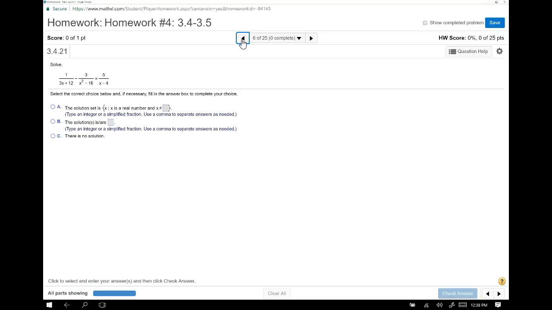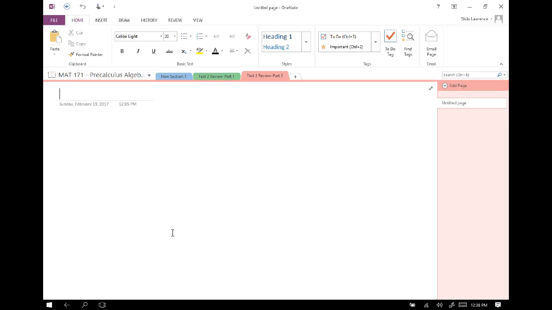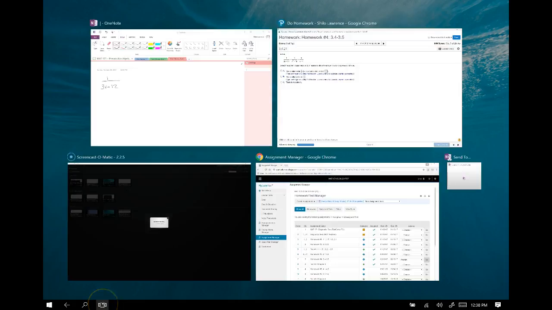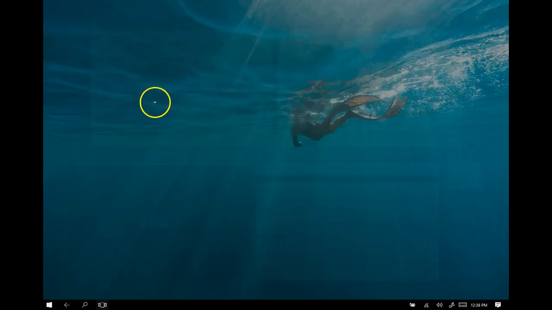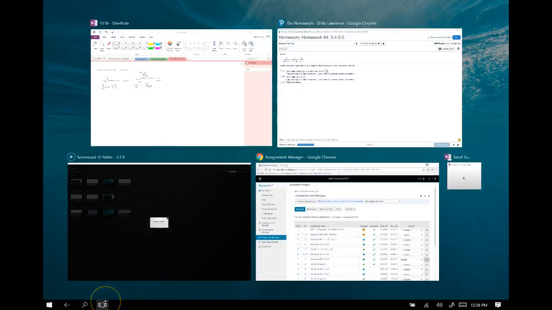I'm going to copy this over onto my blank paper. It's 1 over 3x plus 12, minus 3 over x squared minus 16, equals 5 over x minus 4.